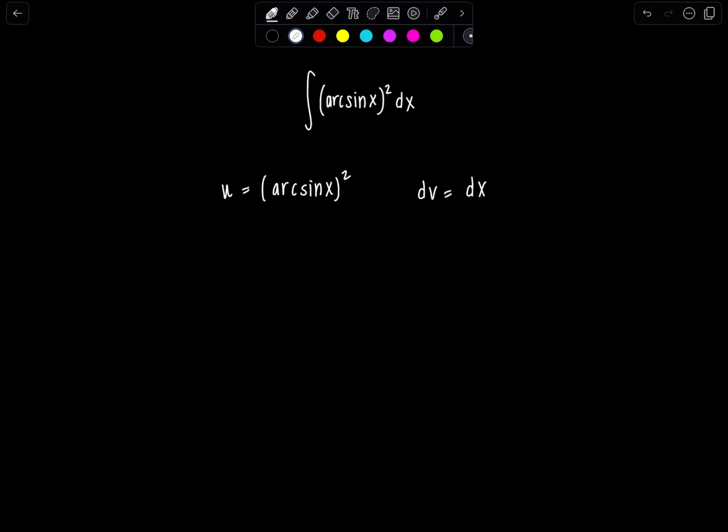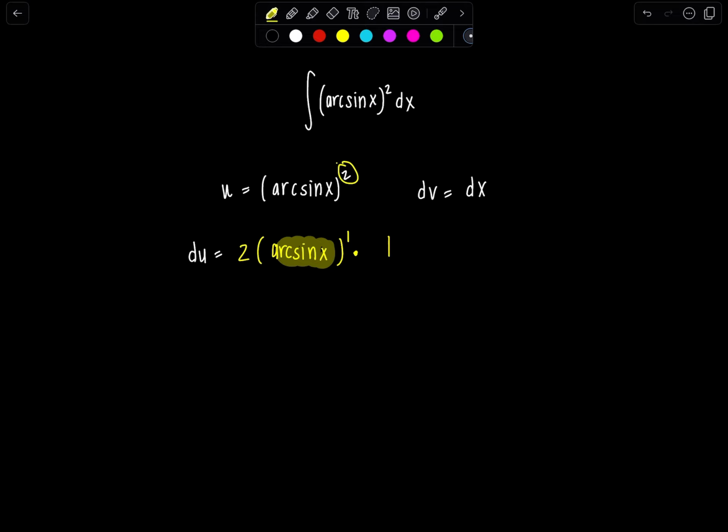All right, so now let's go ahead, find du and find v. And remember, when I take the derivative of arc sine of x squared, I have to utilize the chain rule. So I'm going to bring the exponent down in front, leave what's inside alone, subtract 1 from the exponent, and then I need to multiply by the derivative of what's inside here. Well, what's the derivative of arc sine of x?